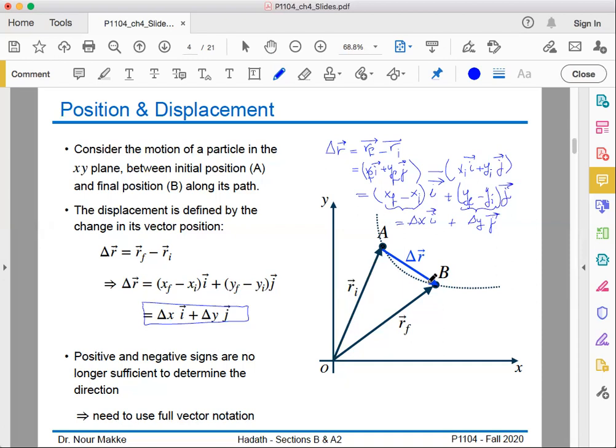But here, this is not enough. It's not any longer the case because the particle is not moving along one axis, but it's moving in the XY plane. So we will need actually to use the full vector notation of the displacement vector delta R. And this is why we're gonna use delta R equals delta X i plus delta Y j as the definition of the vector displacement.